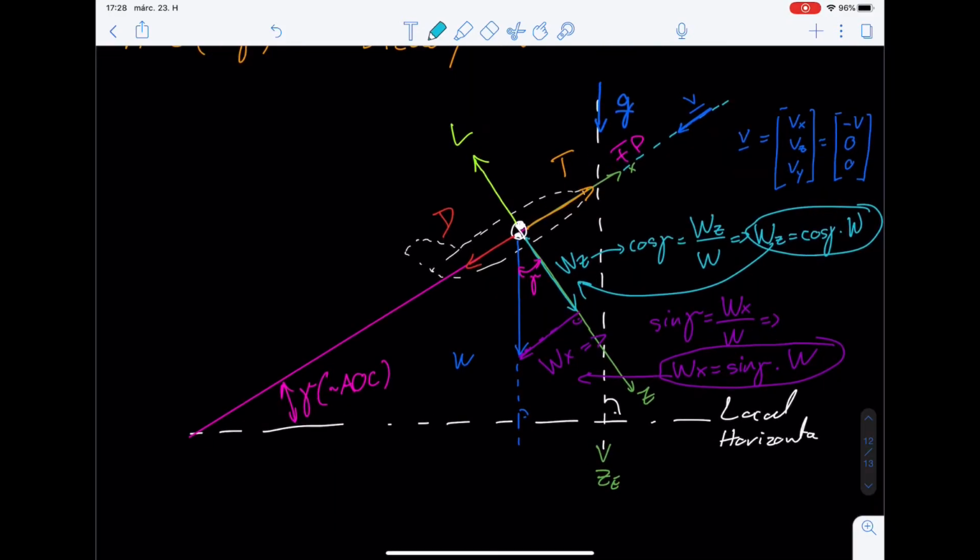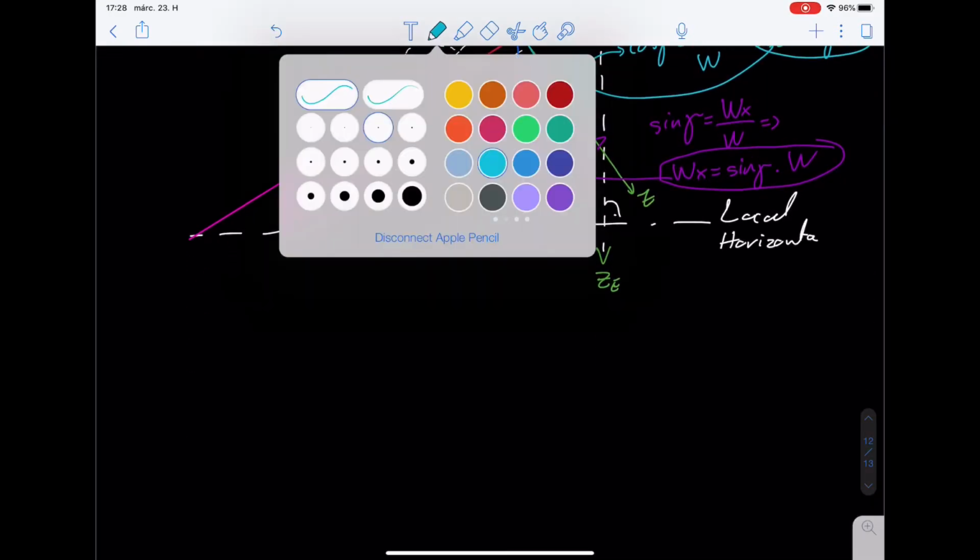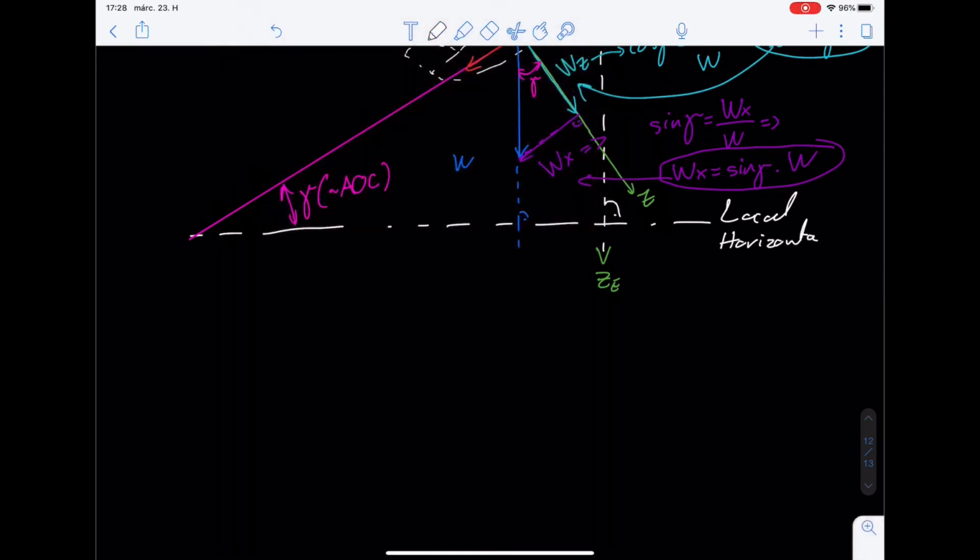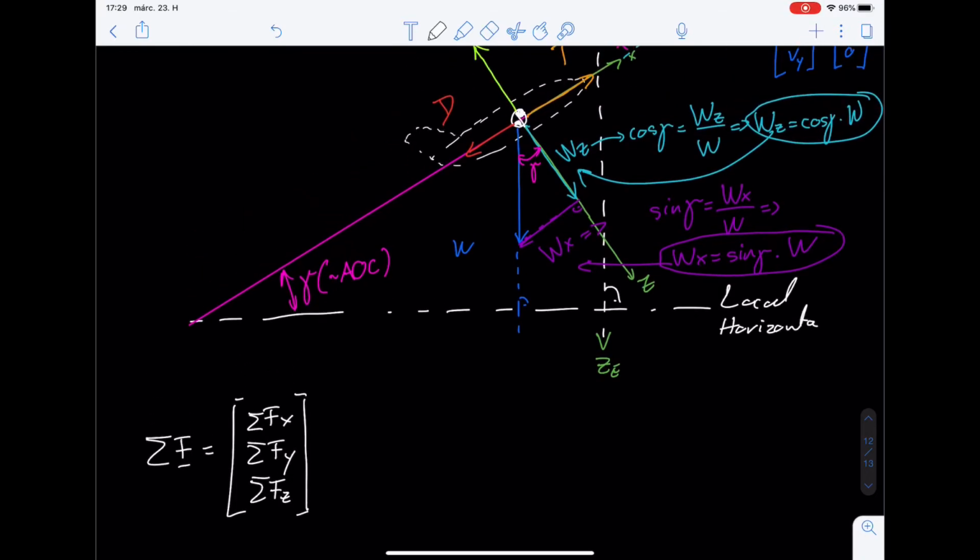And if we want to sum the forces in all directions, we're going to have three components: the sum of forces in the x direction, the sum of forces in y, and the sum of forces in the z direction. Let's start with the sum of forces in x.